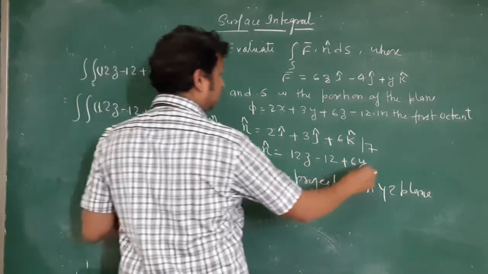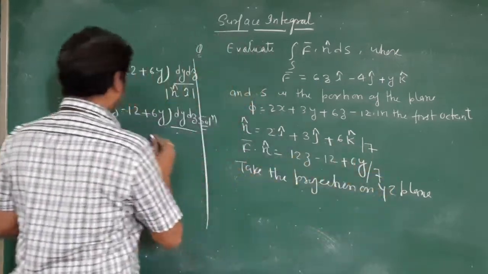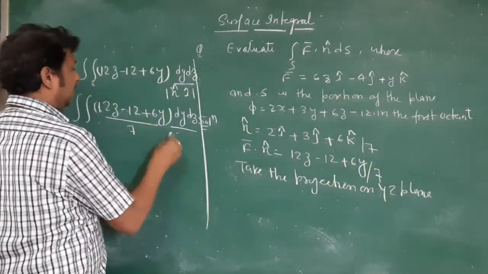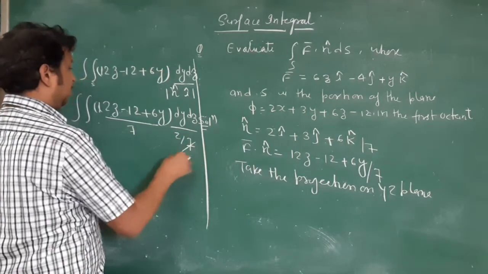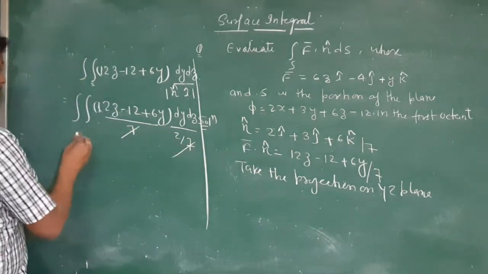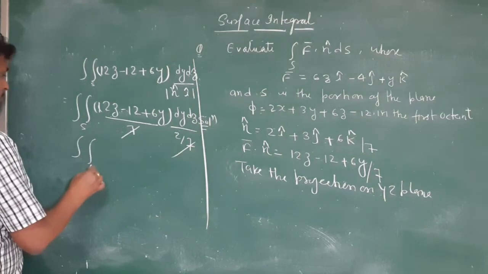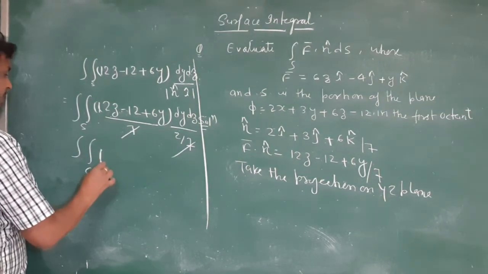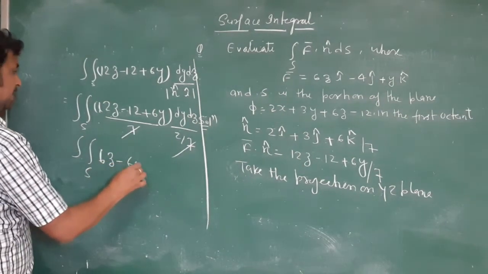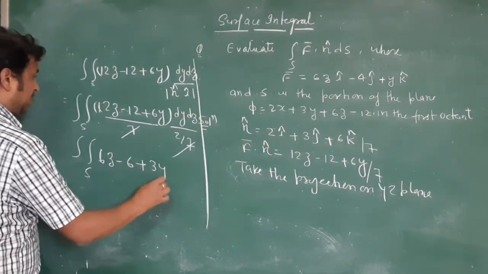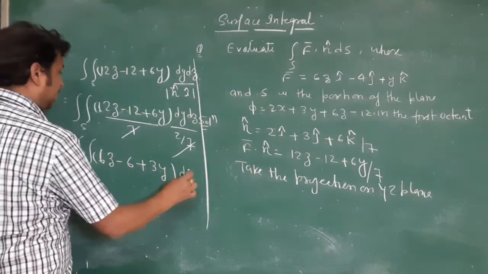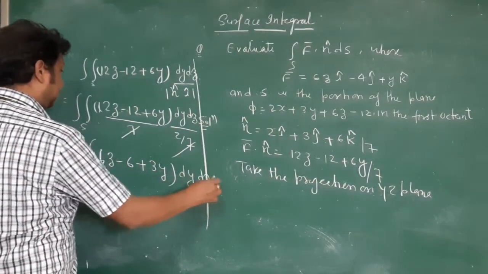F dot n cap is also divided by 7. So here 7 will be there and here 2 by 7. So 7 cancels. So it is equal to the integral of 6z minus 6 plus 3y dy dz.